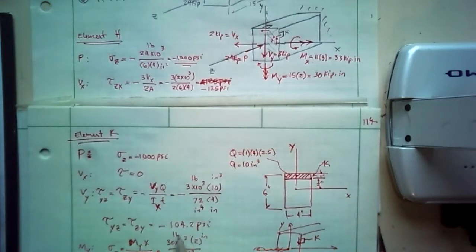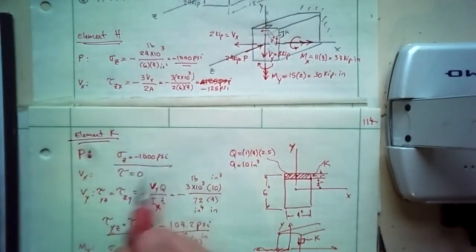Oh, moment is inch pounds, right? Kip inch, okay, that's right. So sigma z, and this will be in tension, so we leave it positive. Sigma z due to My is 1875 psi.